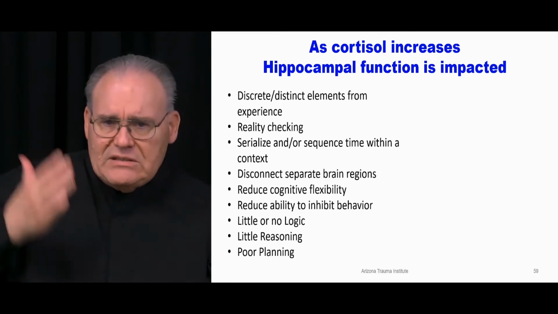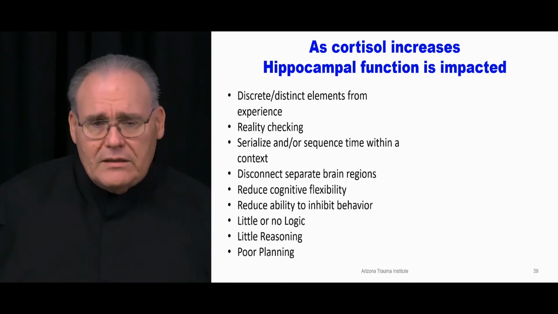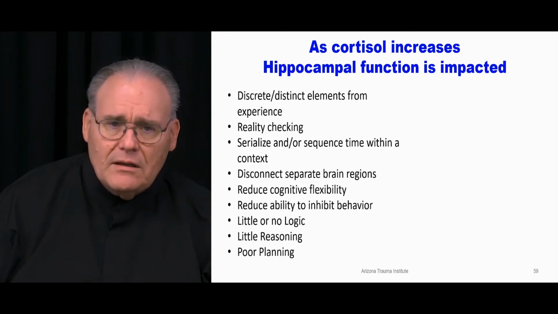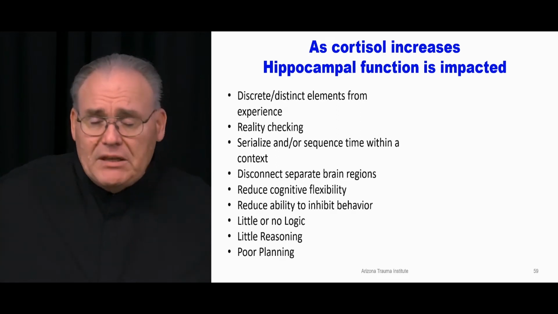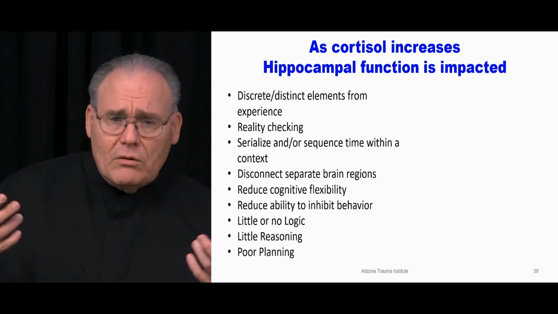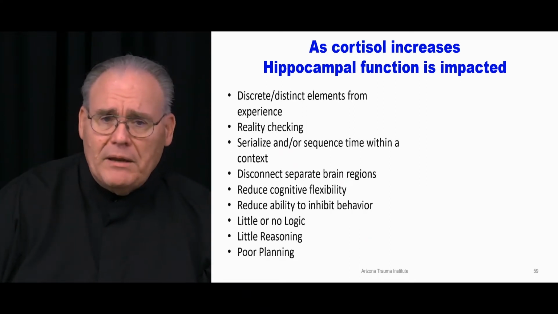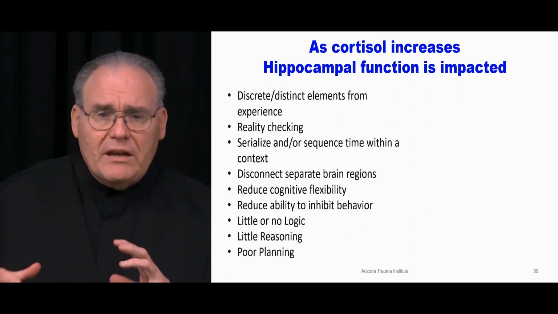A, B, C, D, E, F, G is a sequence. 2 plus 2 equals 4 is a sequence. We learn most of our academic stuff through sequence. If I'm a kid and my body's pumped full of cortisol, the likelihood of me being able to do that is really impaired. The different parts of the brain aren't going to be integrating very well.